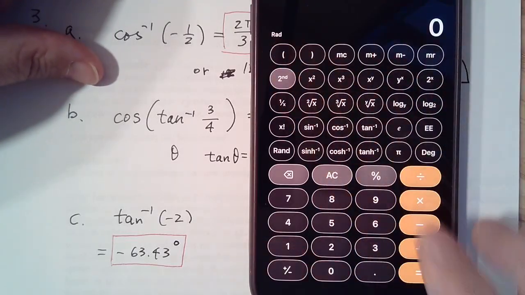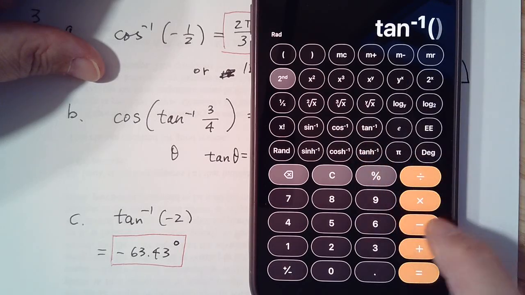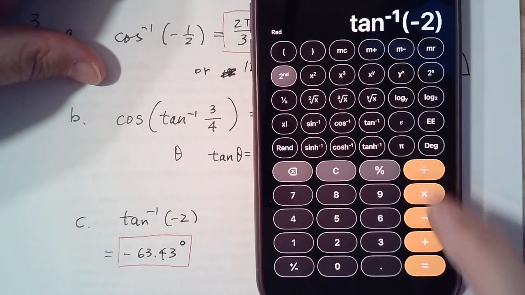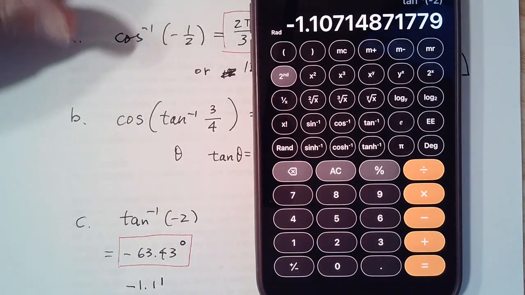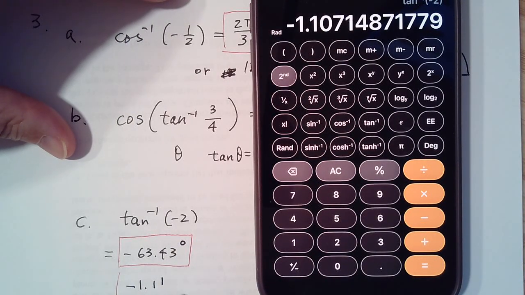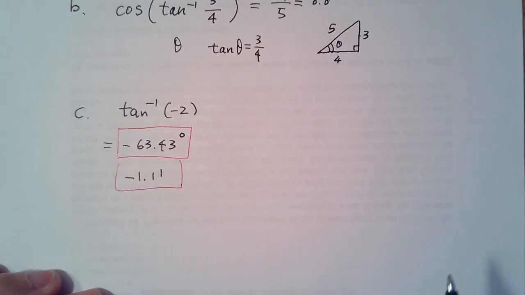If I use radian, and then tangent inverse of negative 2, let's see what you get. You get negative 1.11. So either way, but if you just write down the negative 63.43, it's a wrong answer. You have to have this little degree there. So this is number C.